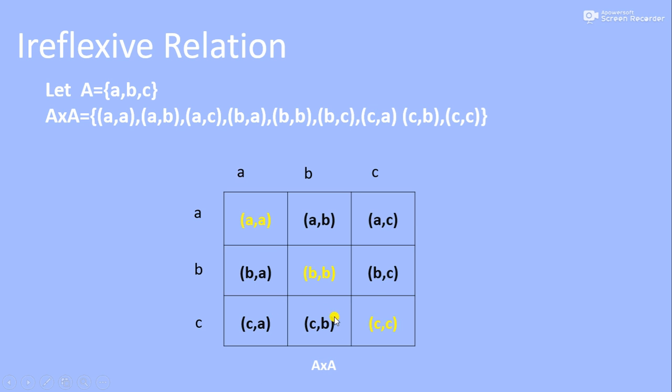If a relation contains one of the diagonal elements, then the relation is not irreflexive. In irreflexive relation we don't need to include these diagonal pairs. So a relation which does not contain any diagonal pair is called an irreflexive relation.